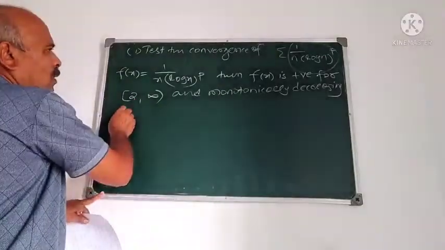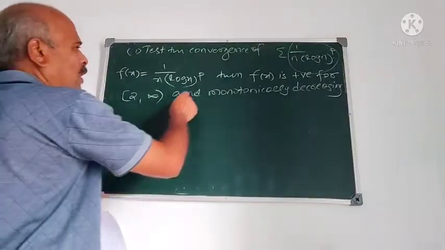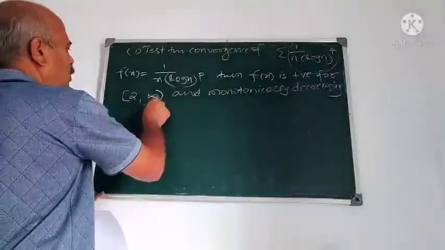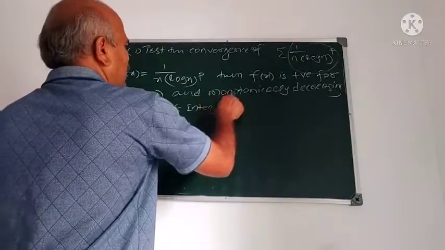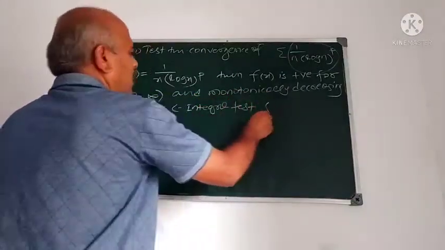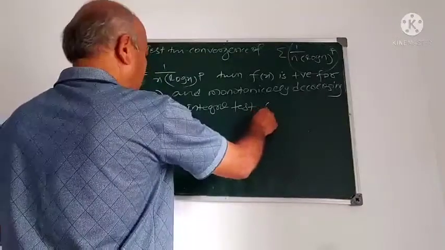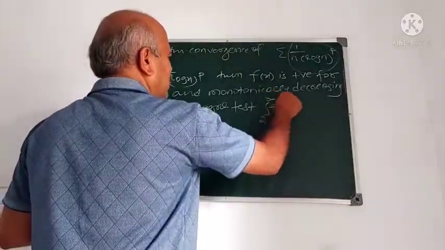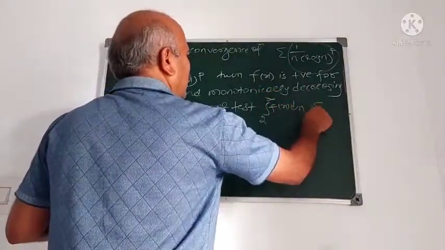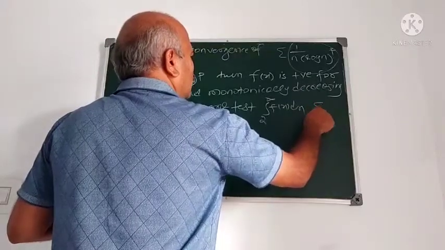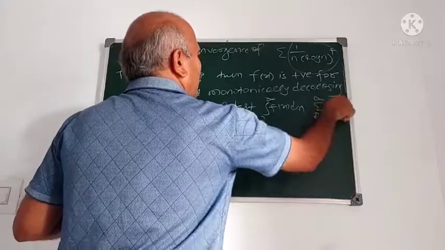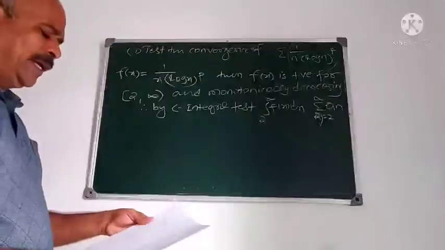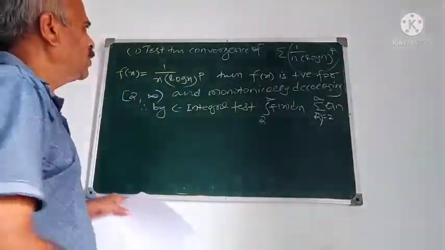Now what is Cauchy's integral test? Therefore by Cauchy's integral test, the integral from 2 to infinity of f(x) dx and the sum from n equals 2 to infinity of a_n either both converge or both diverge.